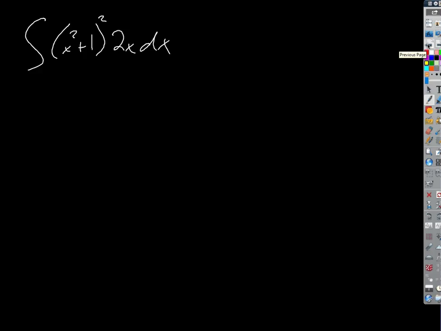Now let's just look at what would happen if I were to let u equal x squared plus 1. Okay. And that's a good choice because that's the argument of this power function, right? That's what's being squared. If u is x squared plus 1, what's du?